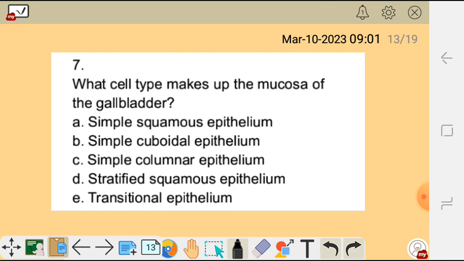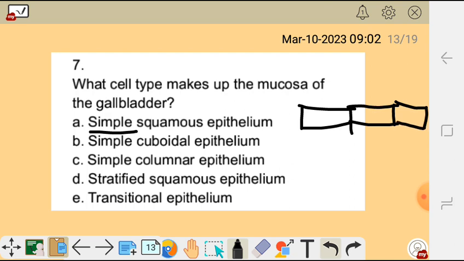So a simple squamous epithelium is an epithelium where we have simple, which is made up of a single layer of cells, and squamous, that is the shape of the cells are flat.